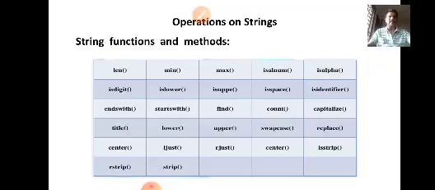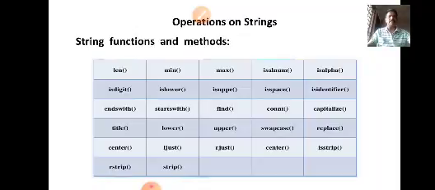Automatically it calculates the length of the string. Min is the function to find the minimum value, max to find the maximum. isalnum: if this condition is satisfied, it returns true, otherwise false. Like that, isalpha, isdigit, islower, isupper, isspace. If any blank spaces are available inside the string, isspace returns true.